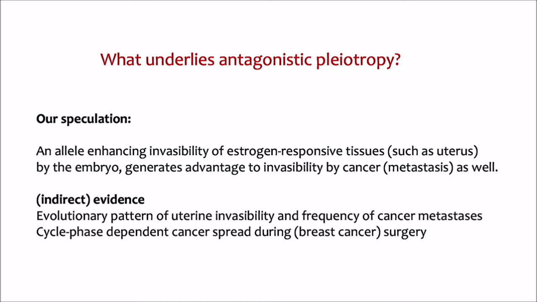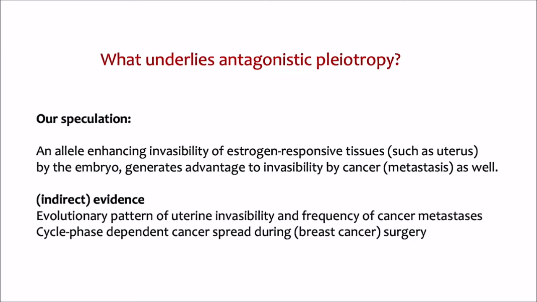So what I think underlies the antagonistic pleiotropy is probably invasibility. So the effect of this allele on invasibility, because of course in the particular context that we are looking at, namely an embryo invading into the maternal uterus, the way you have to transform the tissue is similar to the way that the tissue gets transformed in the case of cancer.